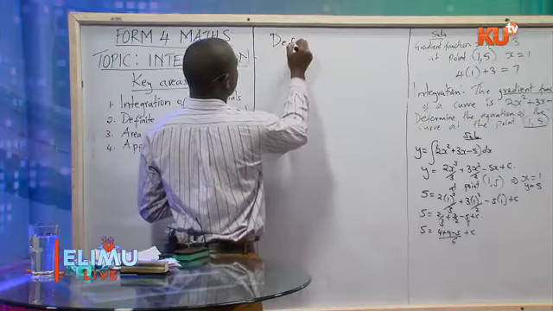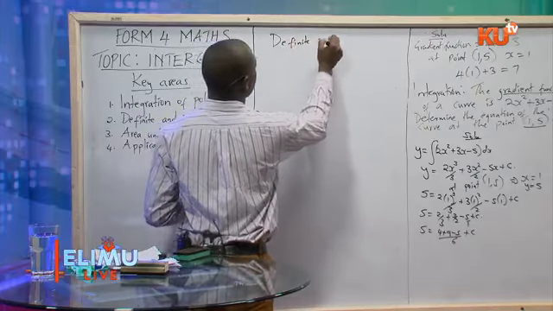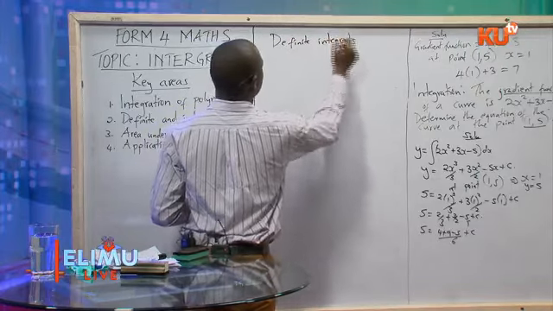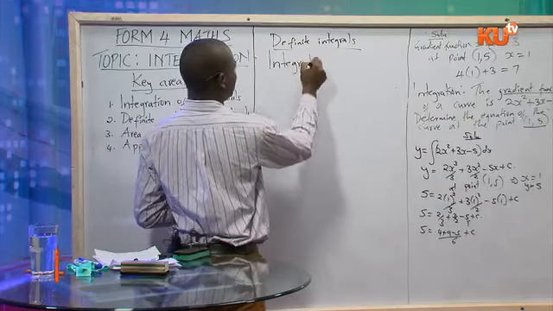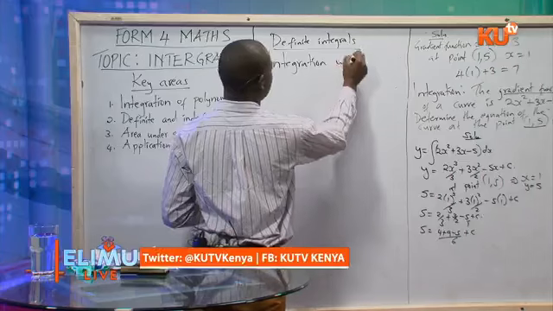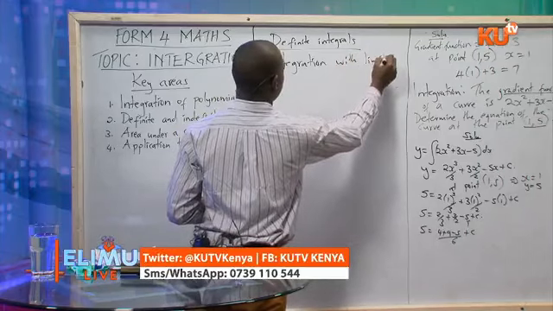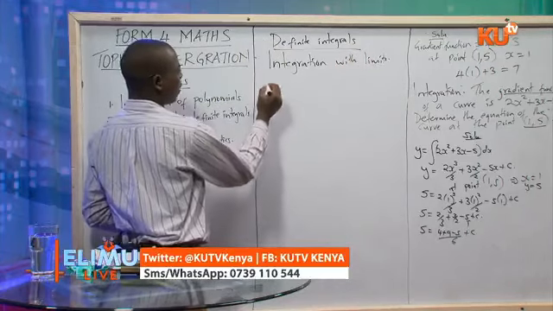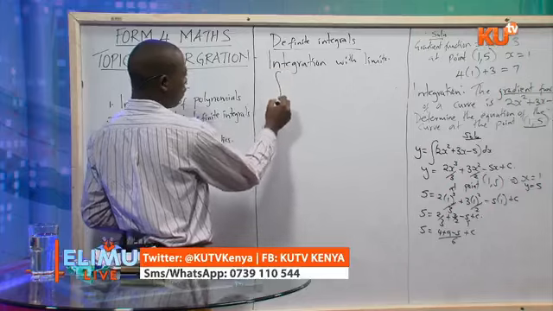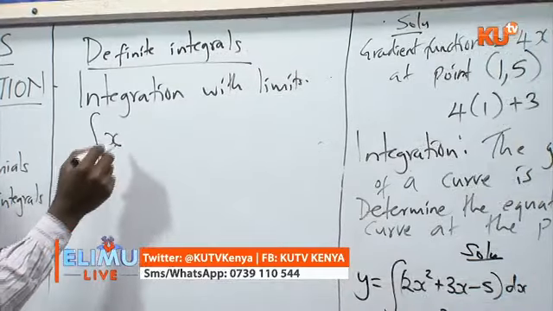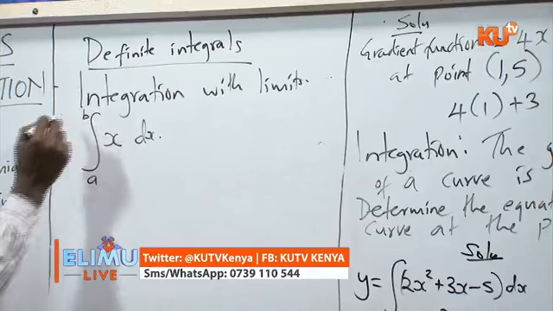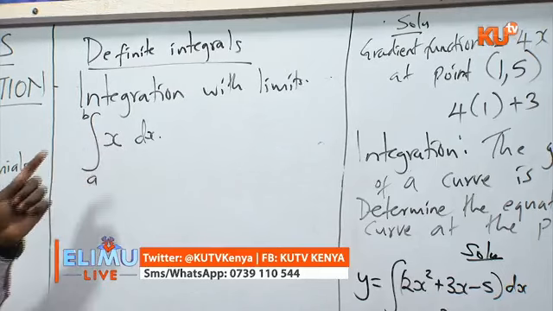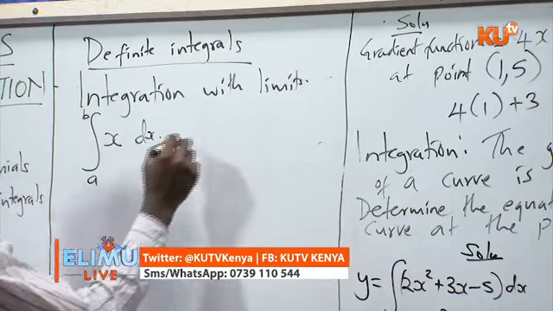So for definite integrals, this is simply integration with limits. What I mean for this case is, for example, if you have a case of integrating x to the power n dx from a to b, then a and b are the limits.